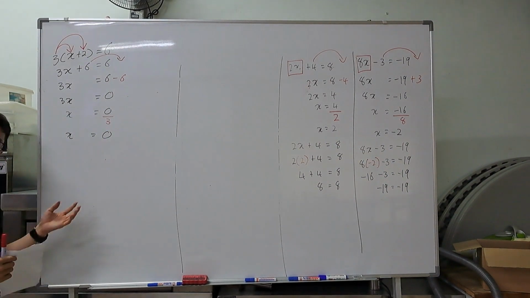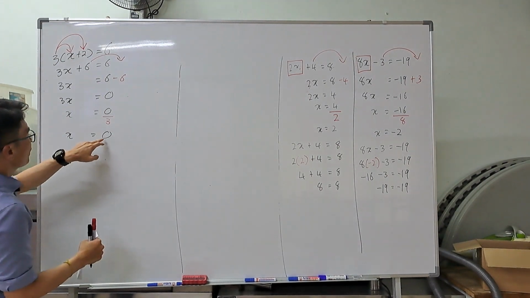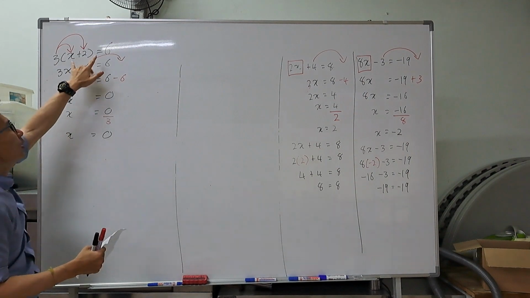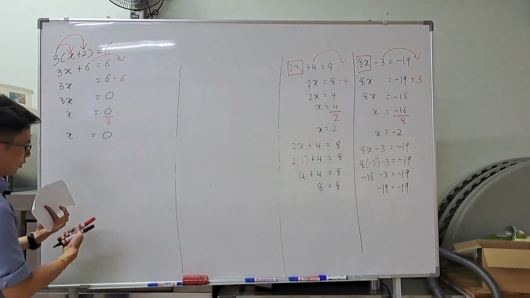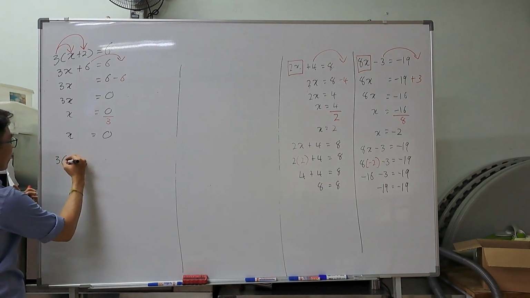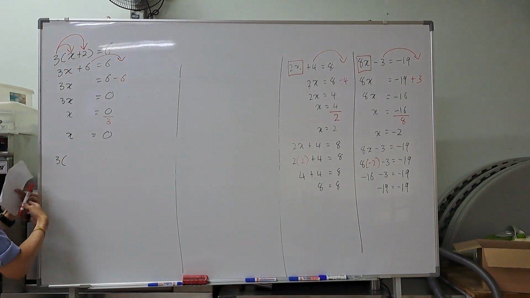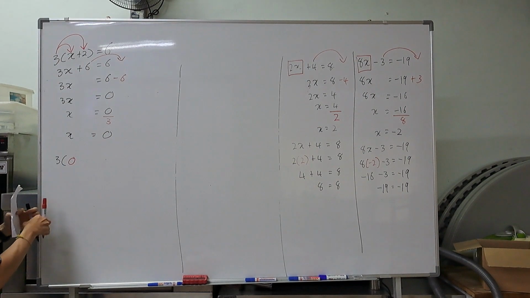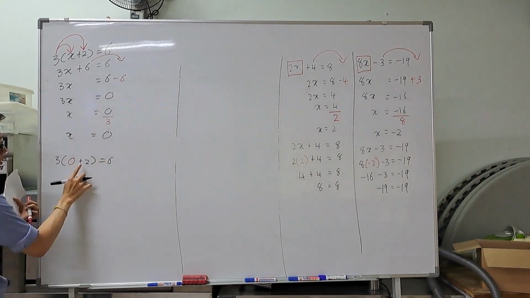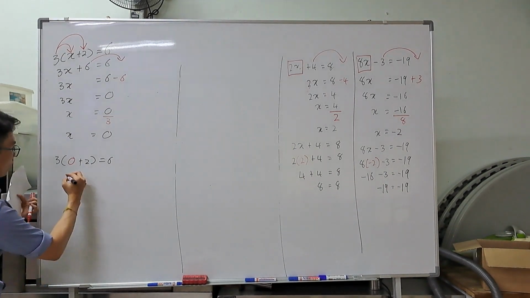Okay, and true enough, let's cross-check this answer. Let's substitute this value of x, which is 0, back into this equation and see whether it satisfies the equation. So let's do a quick check. I have 3, my x is 0, so I will put 0 over here, plus 2, and that's equal to 6. 0 plus 2 is 2, right?